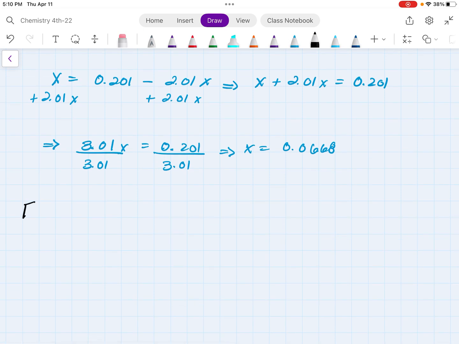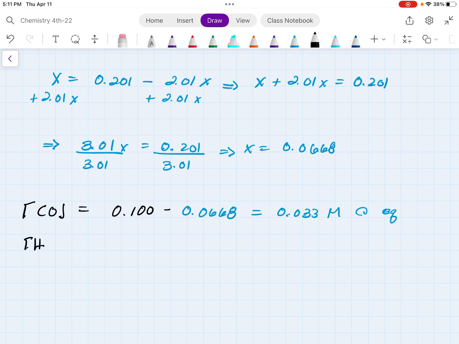If I look at CO, carbon monoxide, the first reactant, then at equilibrium the value was 0.100 minus 0.0668, and that's going to give me a value of 0.033 molar concentration at equilibrium for carbon monoxide.